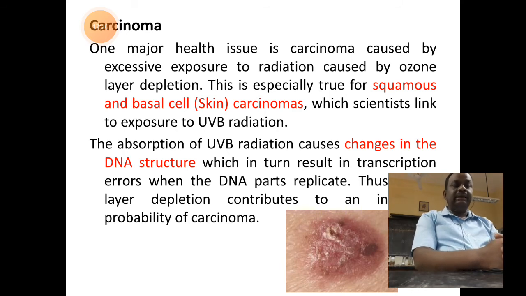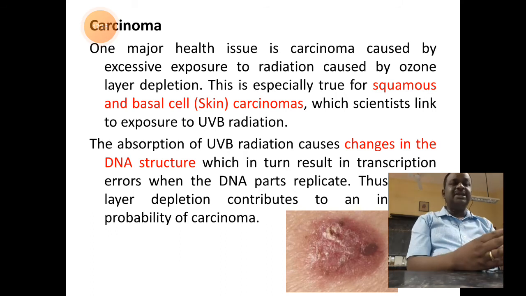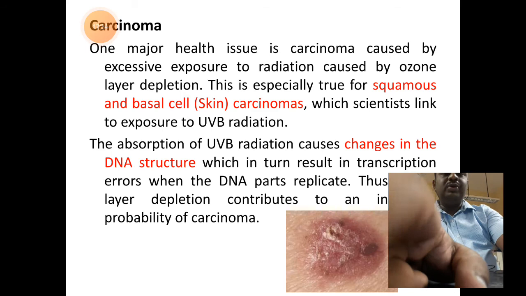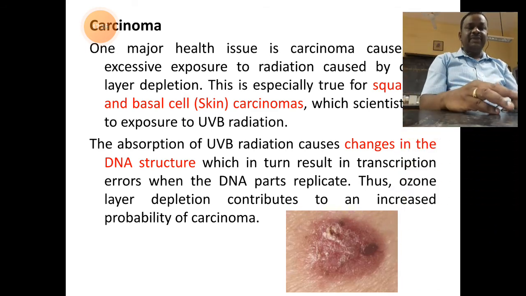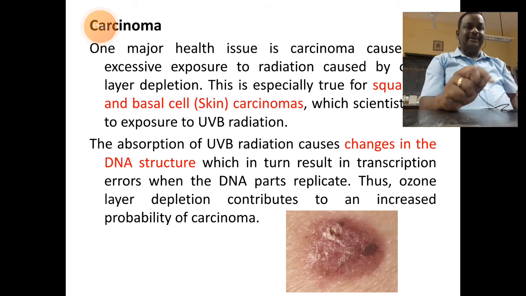The UV rays cause DNA to undergo mutation that in turn produces abnormal or wrong proteins that cause a cancerous condition in the cells. Students, down in the picture of the slide you can see the basal carcinomal stage of cells.